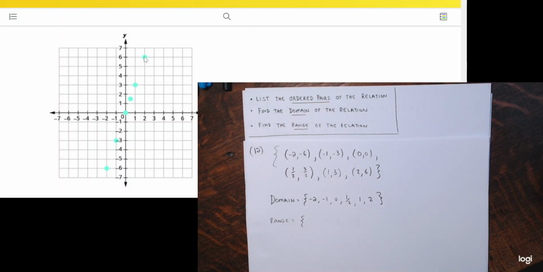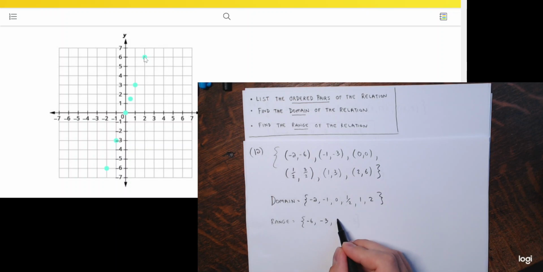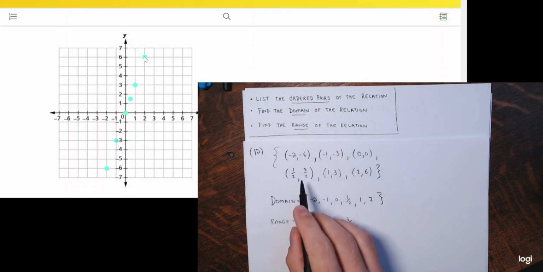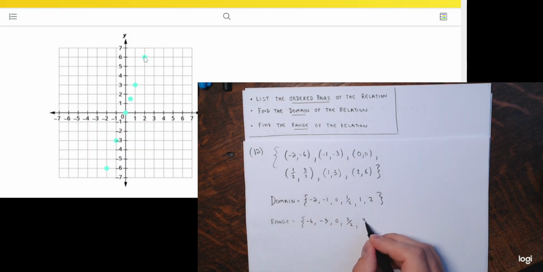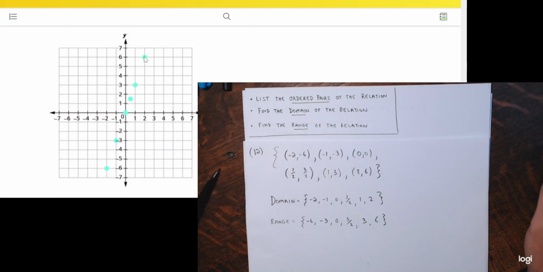All the second values in my ordered pairs. So -6, -3, 0, 3/2 or 1.5, whatever you want to write, that's equivalent to that, +3 and +6. And there you go. The domain and range and the relation, expressed as a set of ordered pairs instead of a graph.